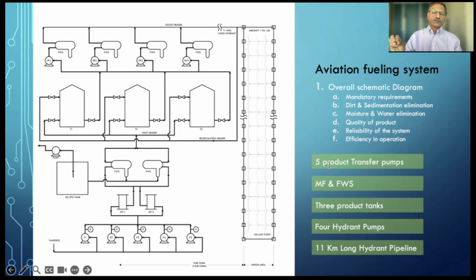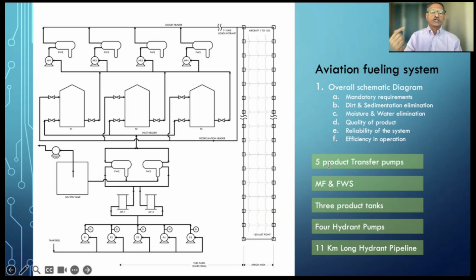If you don't fuel the flight within the time period, there are a lot of penalties, and they are hefty. They are huge penalties. So the system has to be very reliable and it should be very efficient. We will come one by one and see how all these mandatory requirements are addressed.